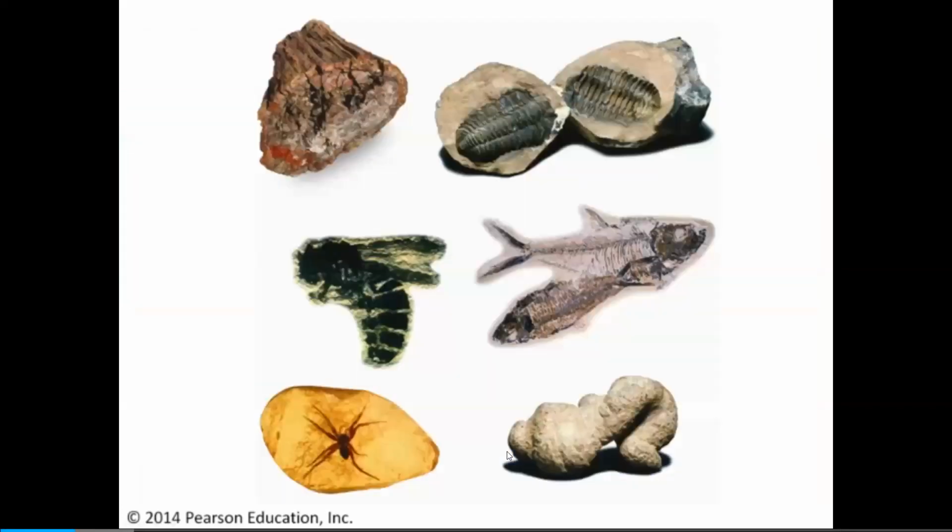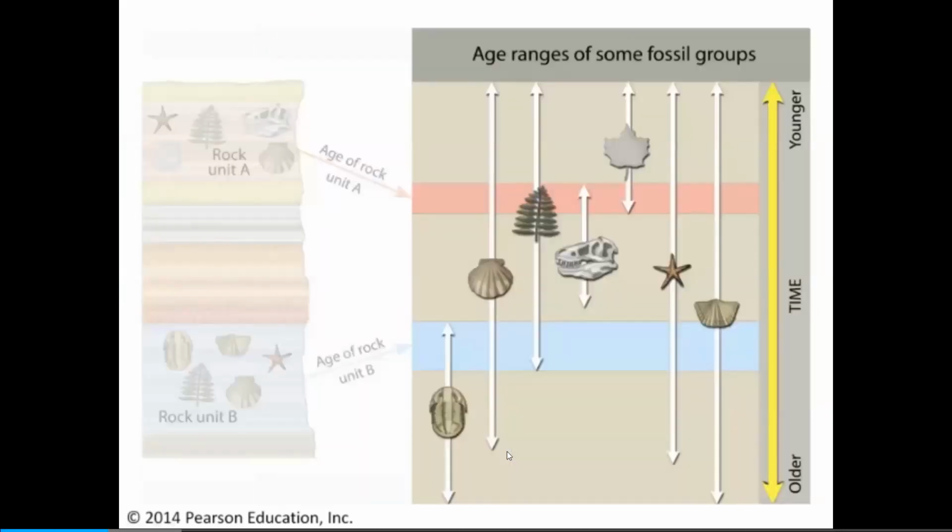So the first thing to realize is that there are a bunch of different kinds of fossils. Fossils are the remains or traces of ancient organisms, and they come in many forms. One of the things we've established about fossils is that they show up in certain ages of rocks and not in rocks that are older or younger than that. In other words, the organisms evolved at some point and then they went extinct at some point.